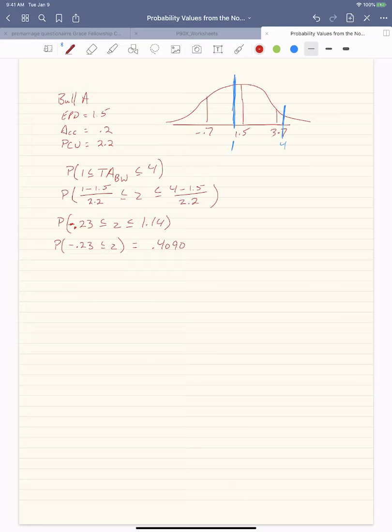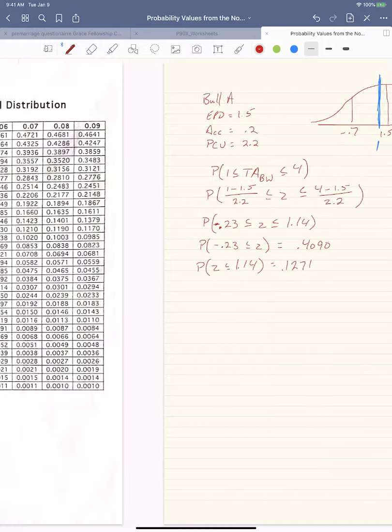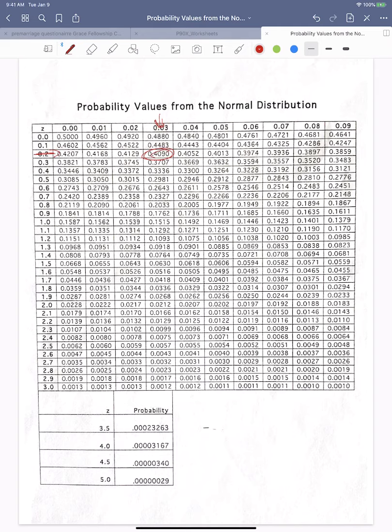So now we need our p-value for z greater than 1.14, and that's going to be equal to 0.1271, which we've already found before, but just to show y'all again, 1.1 and then 0.004, 0.1271.